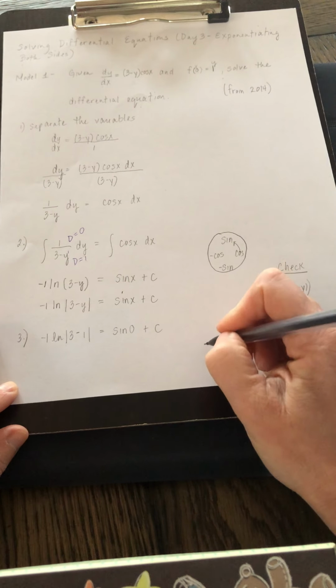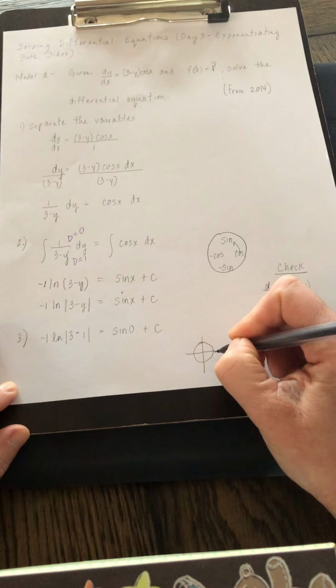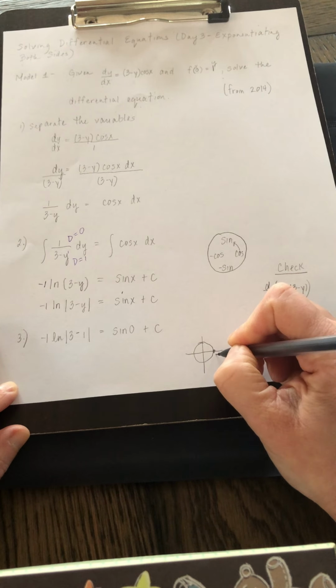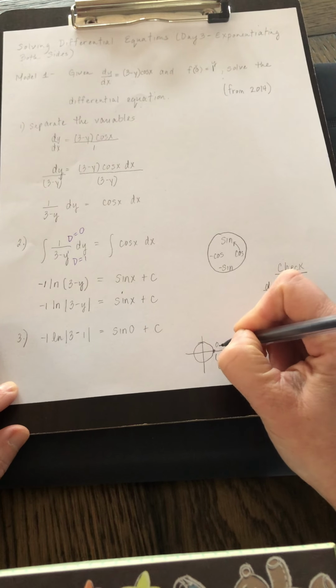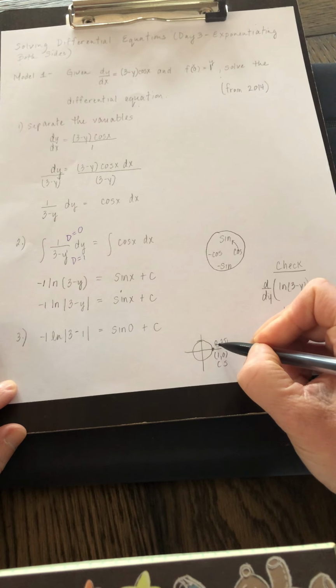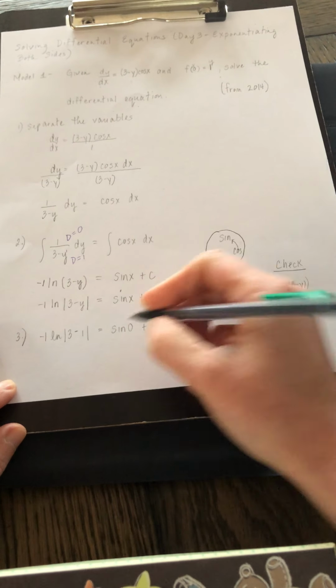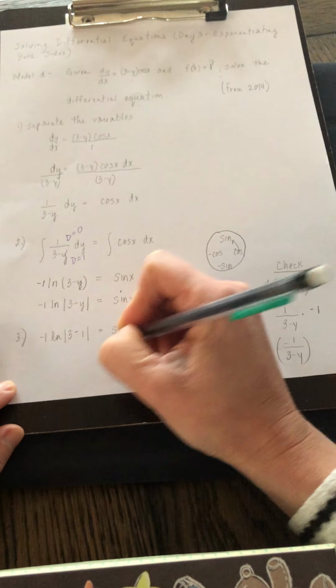So sine of 0 is going to wind up being 0. That's right off of the unit circle. Right, so this would be 0 or 2 pi radians. So we can see that at 0 radians, the sine value is 0. So I'll just put that in there for a placeholder.